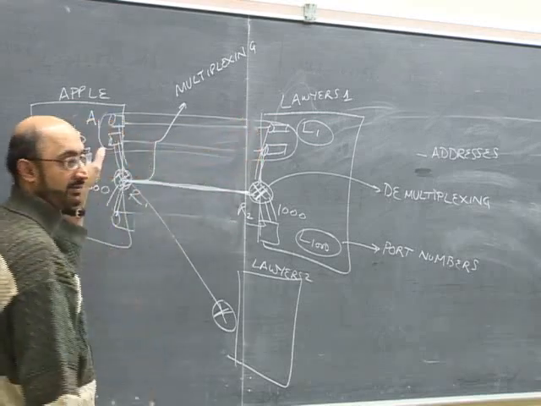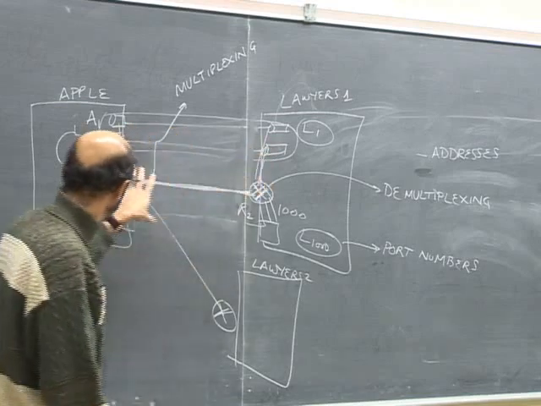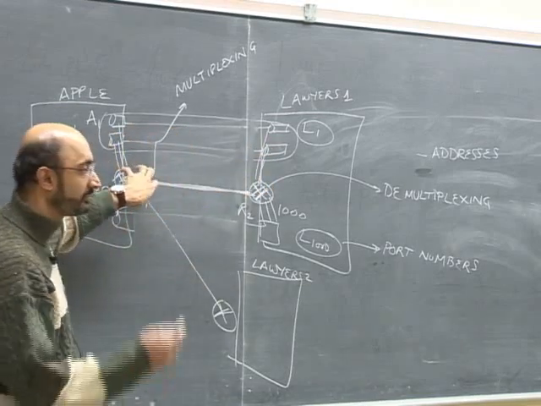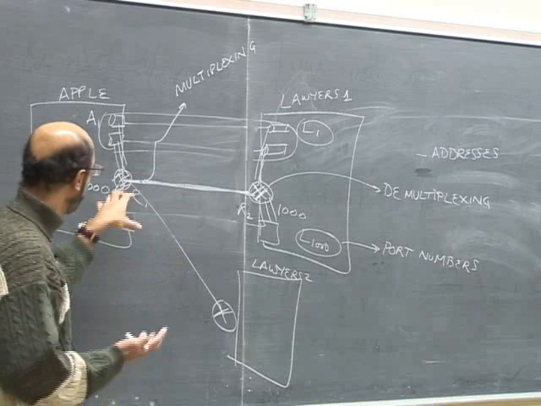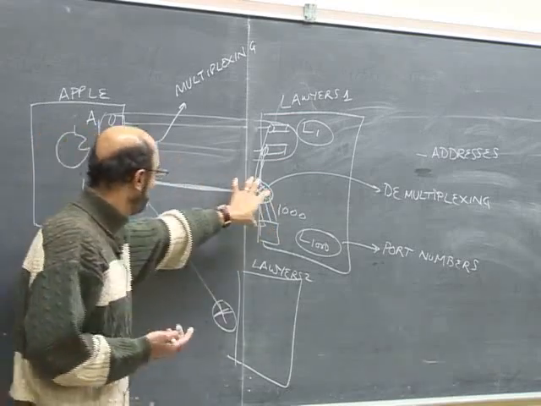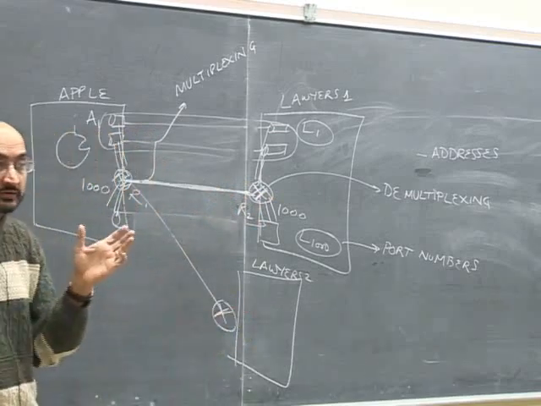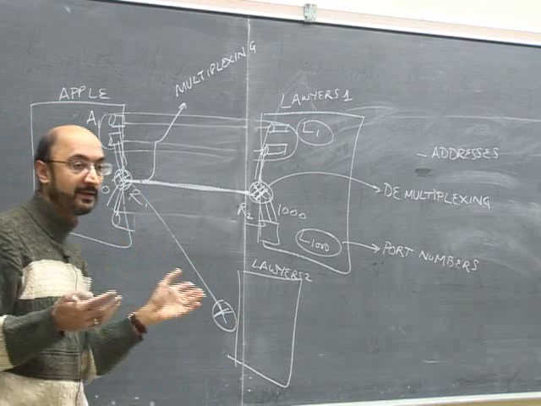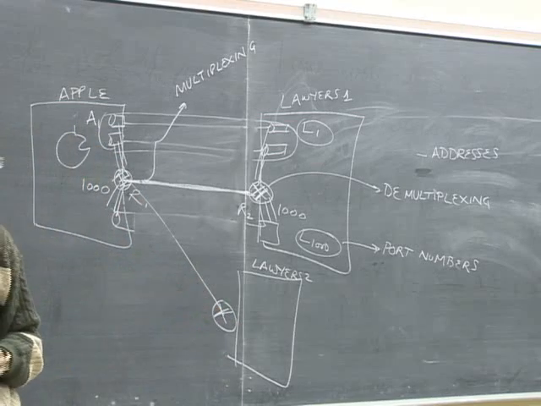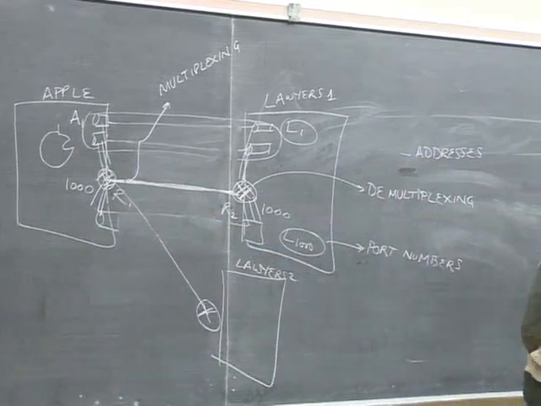And finally, this router over here needs to have some way of knowing that if I have to go to this over here, I have to go in this direction. If I want this address, I want to go in that direction. So it has a way to route to a particular destination based on the destination address. All right, so let me stop and, are there any questions about this so far?